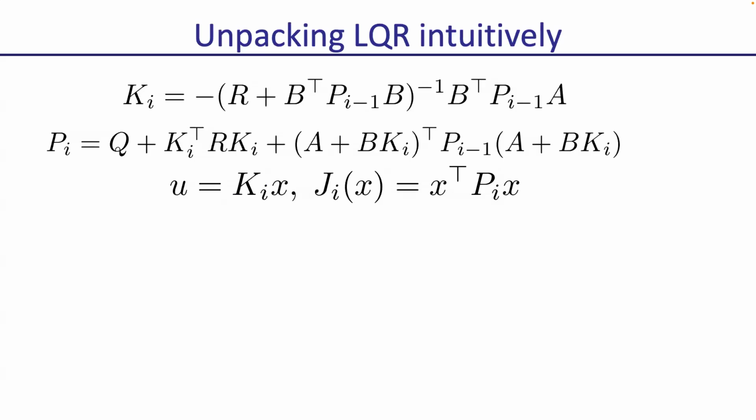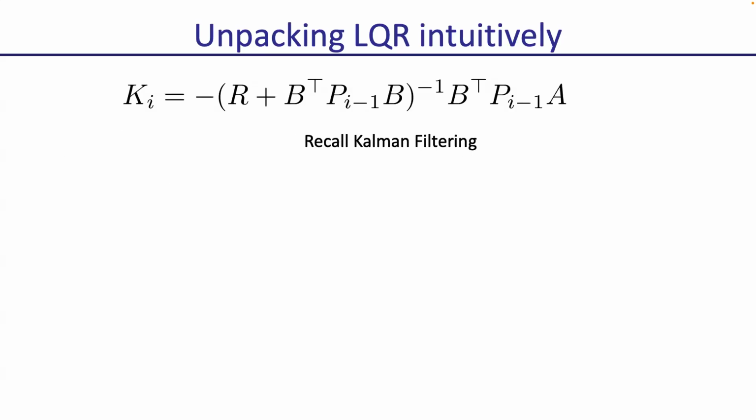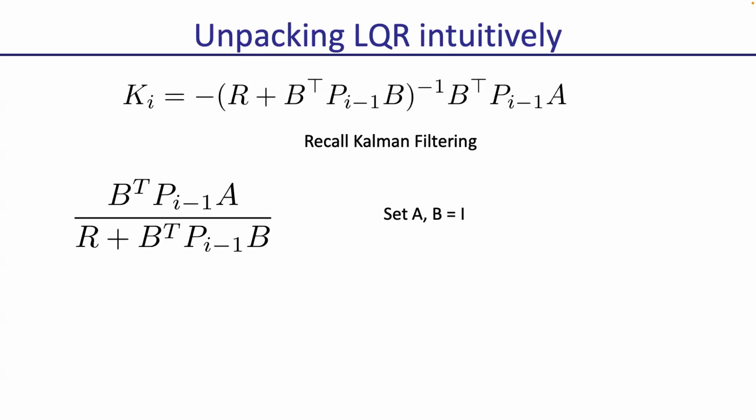Let's try to put some intuition on it, because these matrix multiplies are a bit intimidating. What I'm going to assert is it's kind of like Kalman filtering. Do you remember the Kalman gain in Kalman filtering, this nasty looking K term in the observation step?